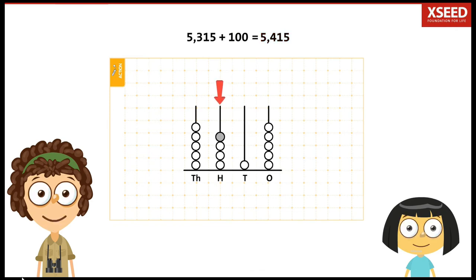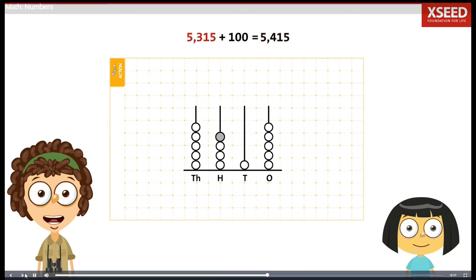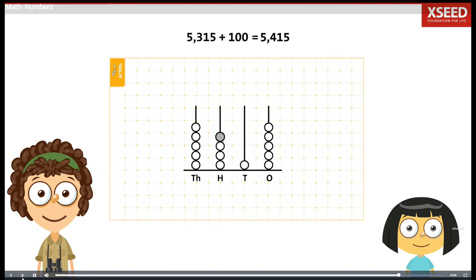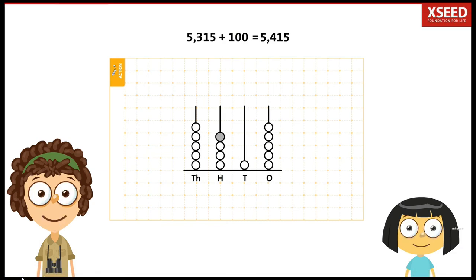Now, compare 5,315 and 5,415. At which place value has the digit changed and by how much? Write the answer in the action part of your journal.